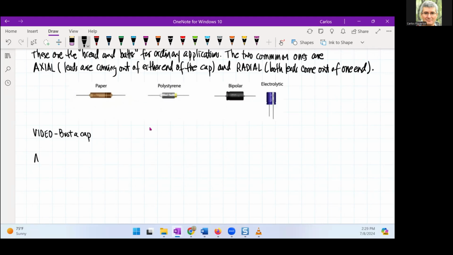So a common question, and a lot of people ask this question, by the way: why can't we use big capacitors instead of batteries?